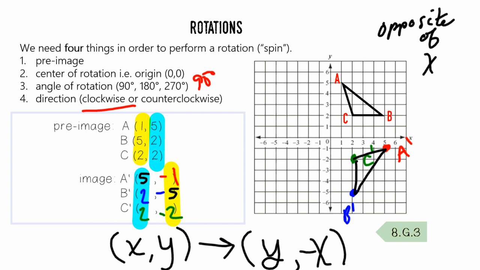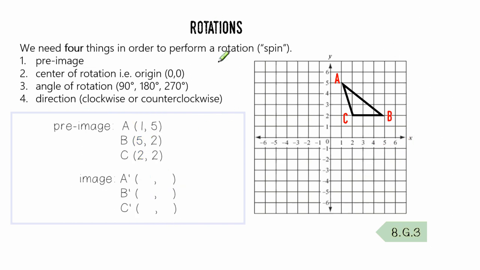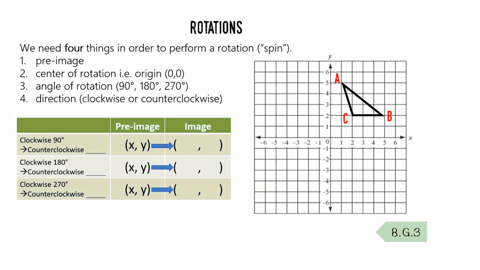We're going to write that down in our table, and I would like for you to make a prediction of what will happen when we do the final one, which we will take care of in class. We just did clockwise 90 degrees. The X and Y changed position, and the X became the opposite.